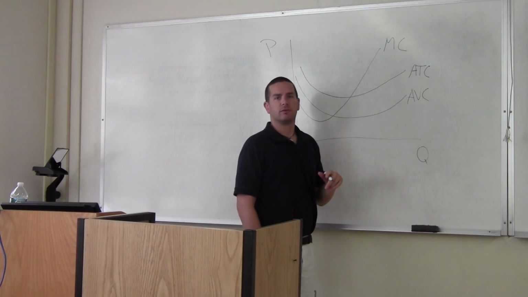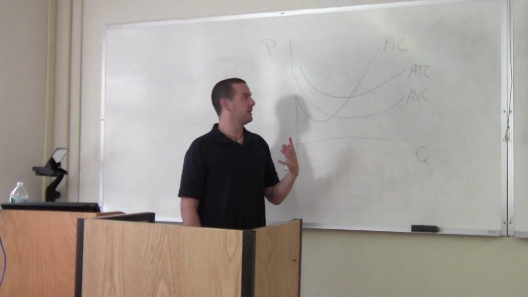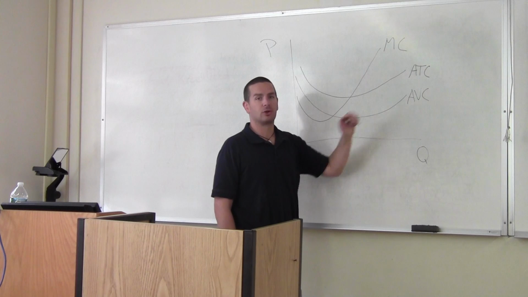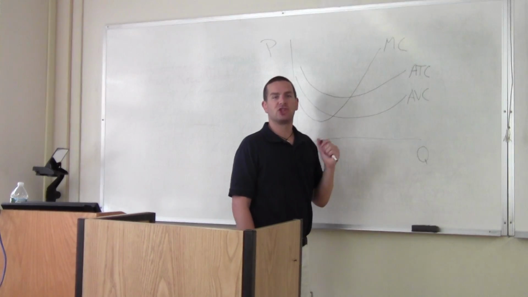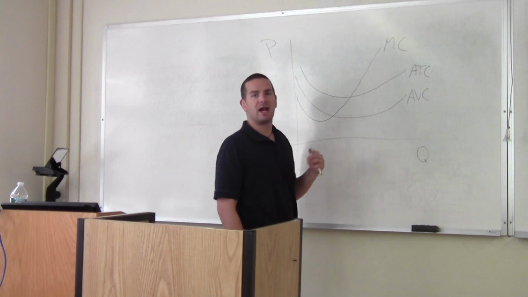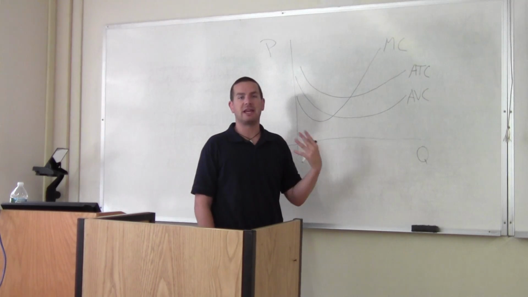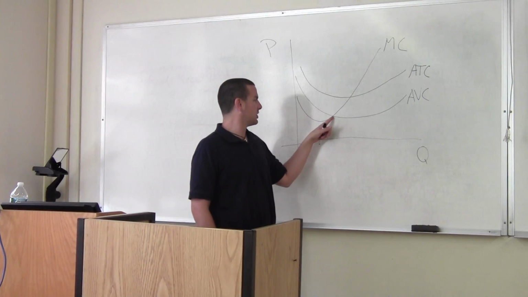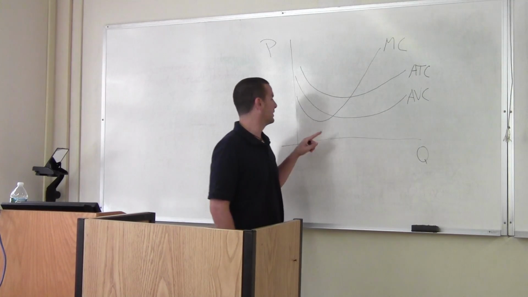Now, if you remember from week 3, where the marginal cost curve intersects the average variable cost curve, we call that the shutdown point, right? Because anything below this, you would not be able to even pay your labor, your variable costs. So therefore, it makes sense to shut down below this point, okay?